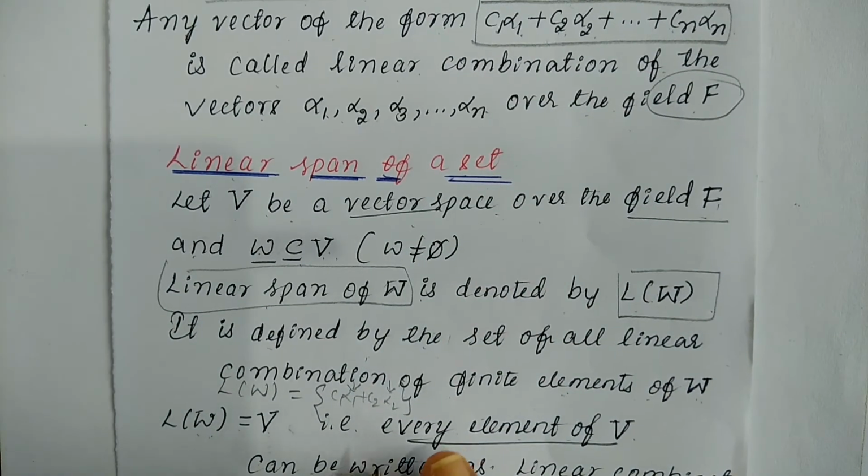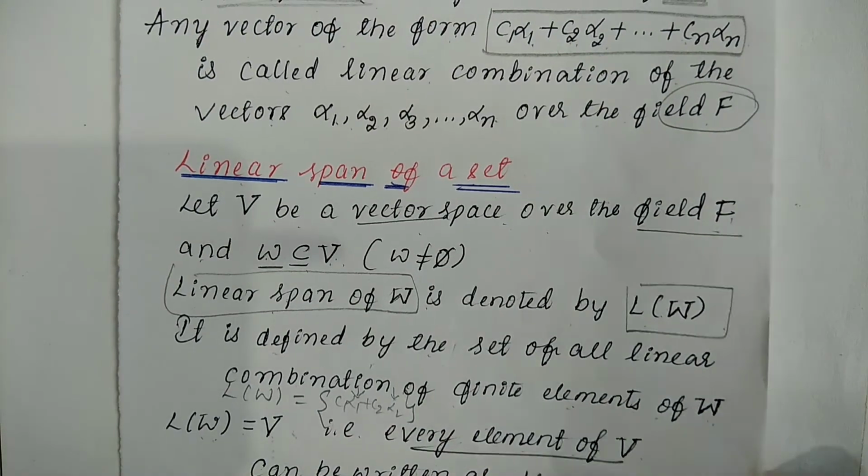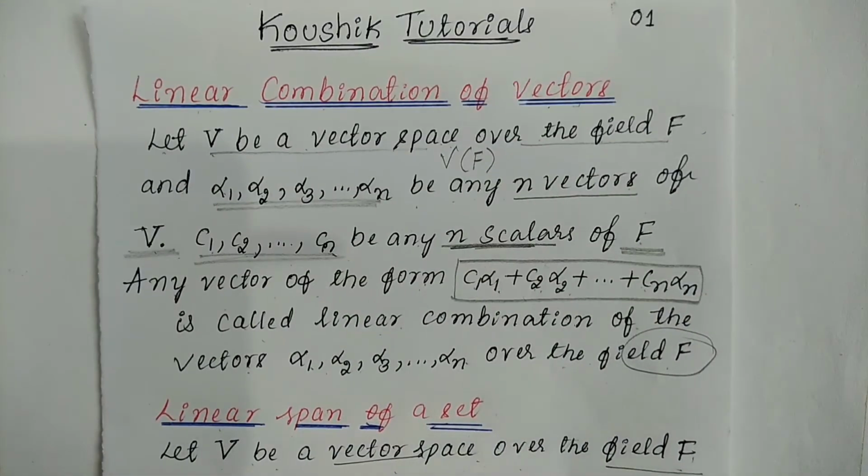From this definition, we can define the linear span of a set. Is it clear? Next, let us solve some problems related to linear combinations.